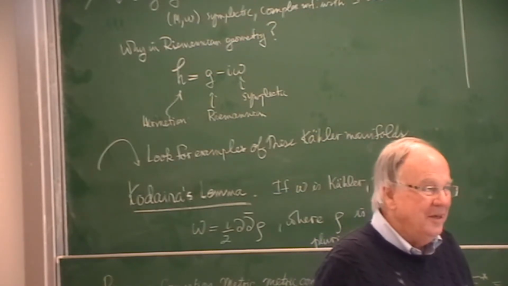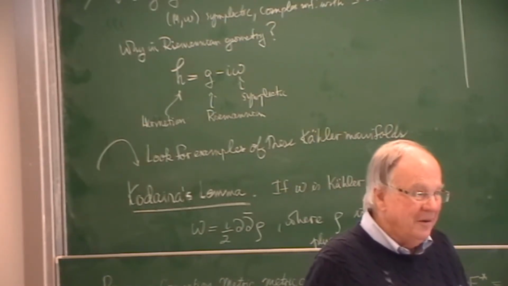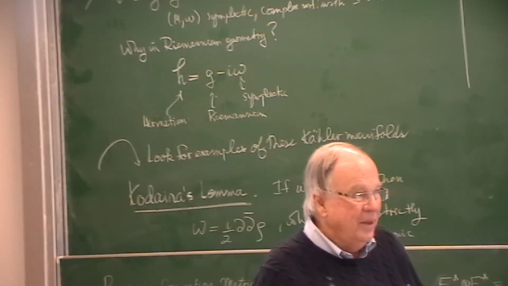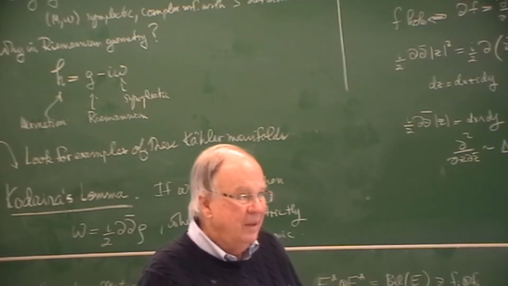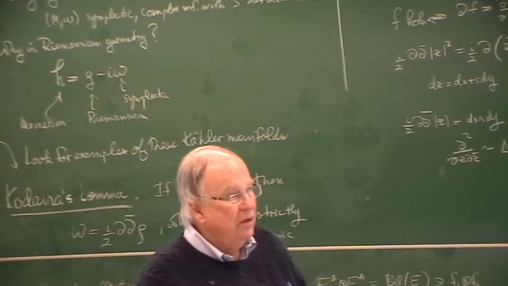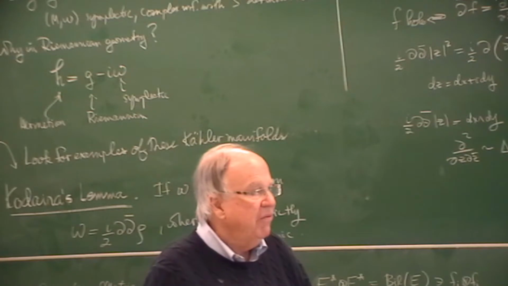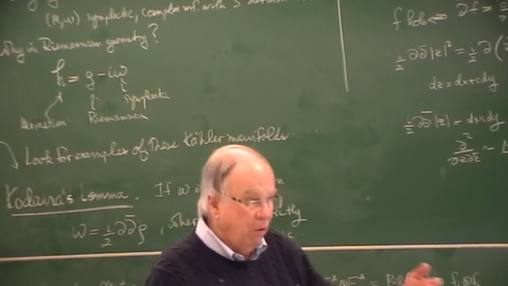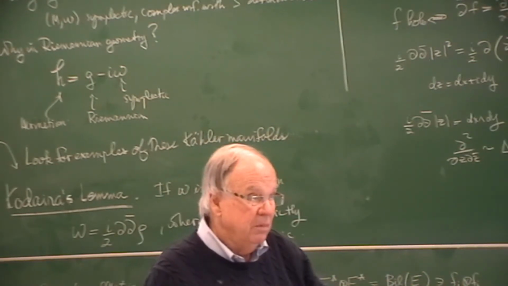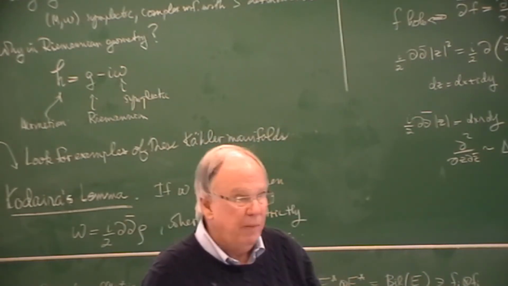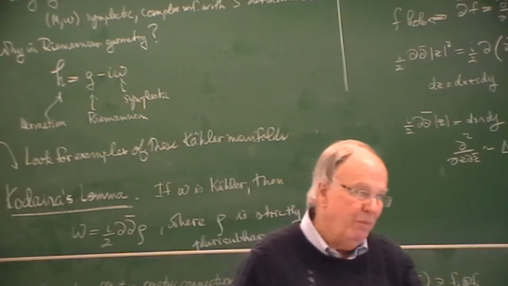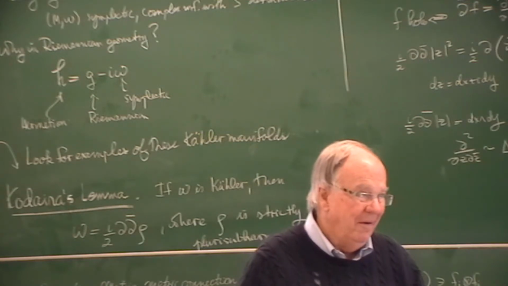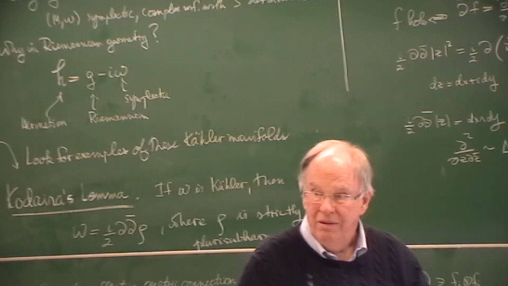I just told you. Take dd bar of it. Anybody can do that, a computer can do that. That is a 1-1 form. When do you say that a 1-1 form is positive definite or negative definite? If the associated Hermitian form or Riemannian form is positive definite. So something is strictly plurisubharmonic if you take dd bar, as I just did, and the associated thing is a Riemannian metric, so positive definite.